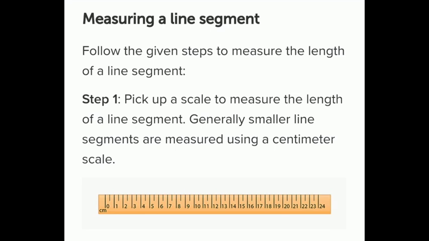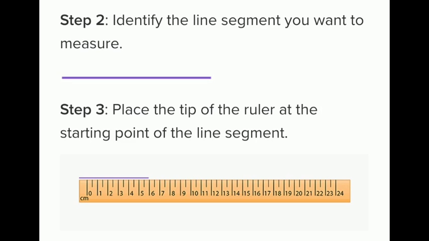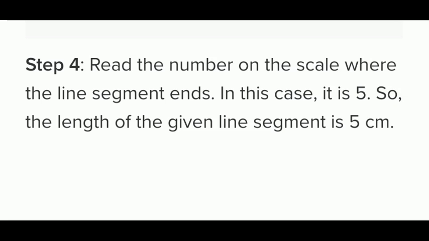Generally, smaller line segments are measured using a centimeter scale. Step 2. Identify the line segment you want to measure. Then, place the tip of the ruler at the starting point of the line segment. Then step 4, read the number on the scale where the line segment ends. In this case, it is 5. So the length of the given line segment is 5 centimeters.